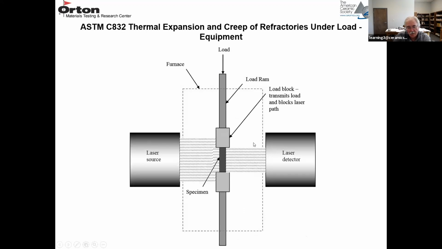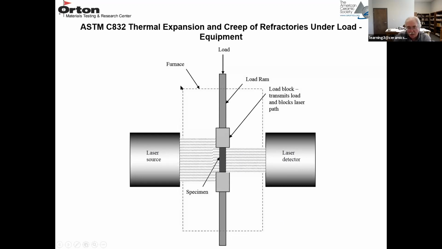The way we like to do it, I think it's the best way, is using laser deflectometers or laser extensometers. So here's your sample. Here's the loading columns. So you have a laser source. You shine it through the furnace, and on the other side of the furnace, you have a laser detector.